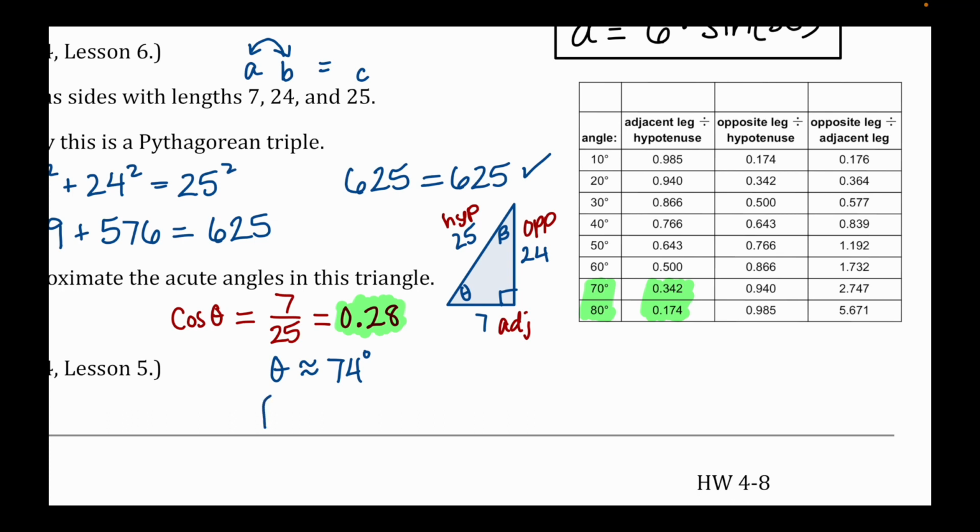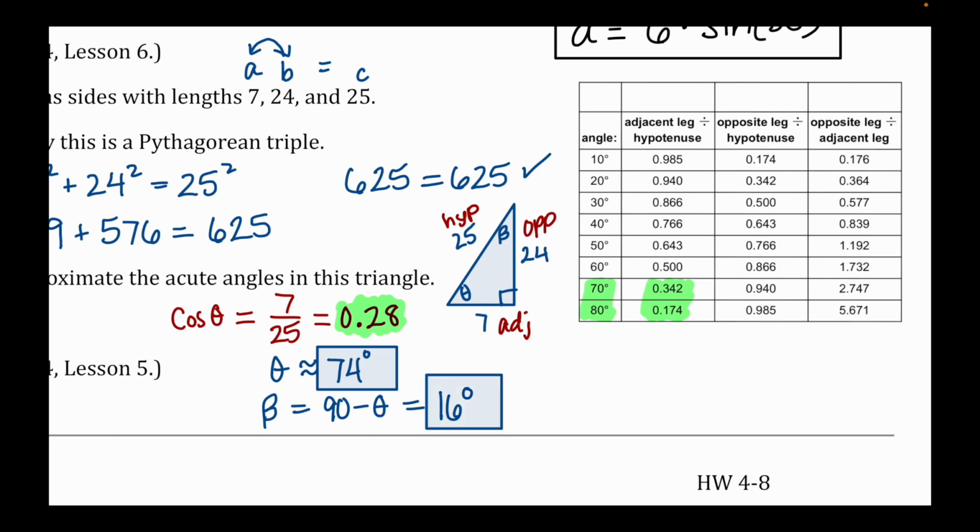So I'm going to say that beta is going to be equal to 90 minus theta, and 90 minus 74 is 16. So that'll be my approximation of that one. So I would say 74 and 16 degrees.